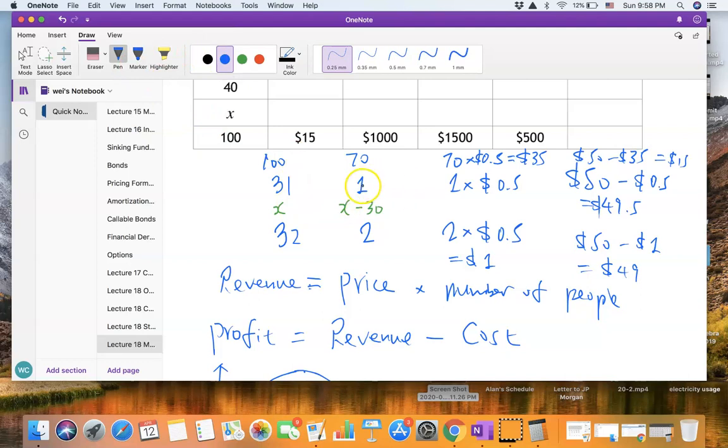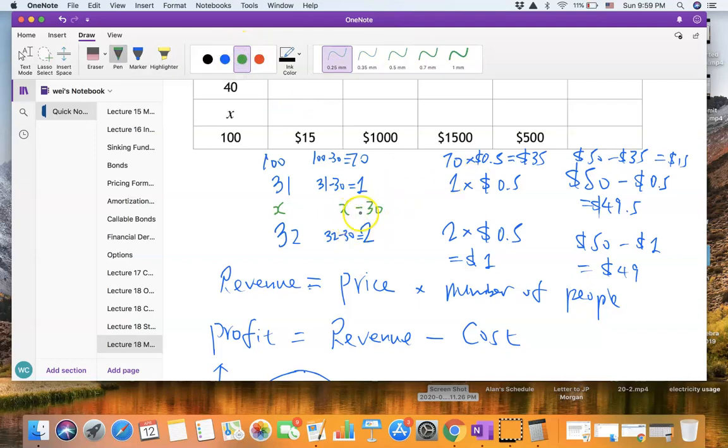Because how did we get 1? We use 31 minus 30, so we get 1. Here we use 32 minus 30, we get 2. Here we use 100 minus 30, we figure out there are 70 more than 30, right? So if there are x, then we use x minus 30, so we can know how many of them are more than 30.